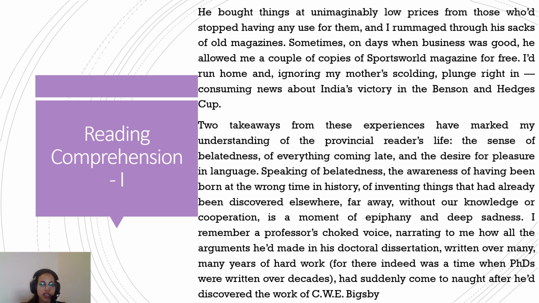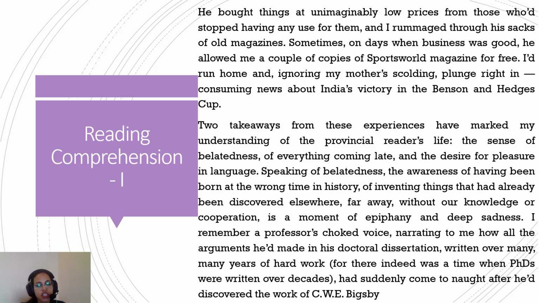So now at this point, after giving a glimpse of his experience, the author is telling us what a provincial reader is. So you can imagine that probably the author is himself a provincial reader, and now we know his experience, and based on it, the author is giving us two conclusions about the provincial reader's life. First, a sense of belatedness, that is, every piece of information reaches this person late.